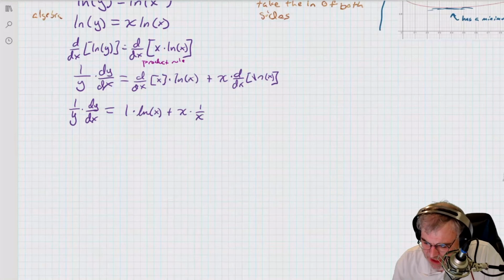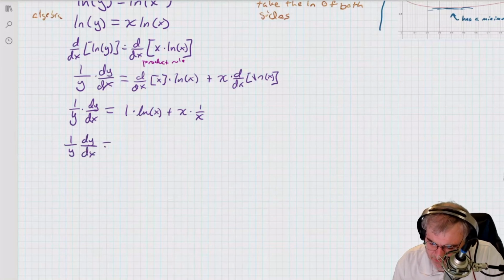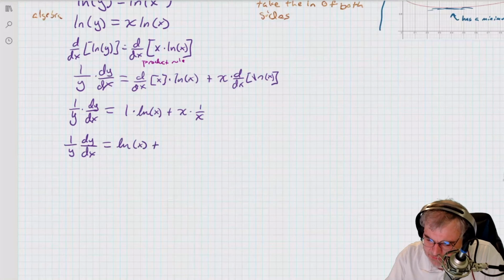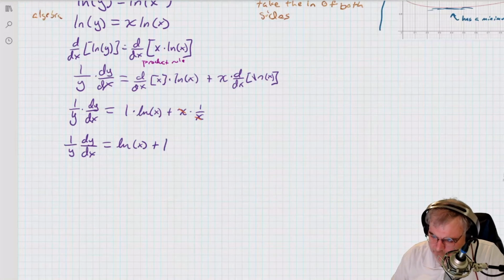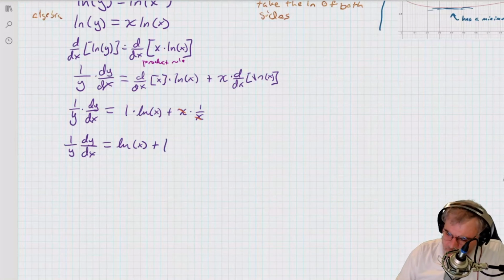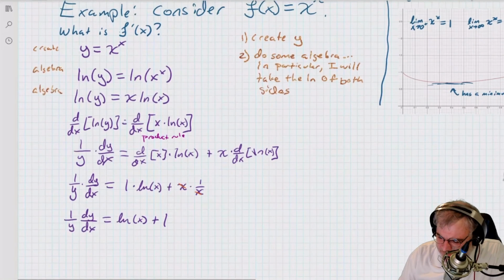Now, I'm going to need to be careful when I cancel here. So I get 1 over y dy over dx equals ln of x plus, now these x's when they cancel leave a 1 because they're multiplication there. So be careful of that. And 1. So what did I do? Now I took the derivative of both sides.